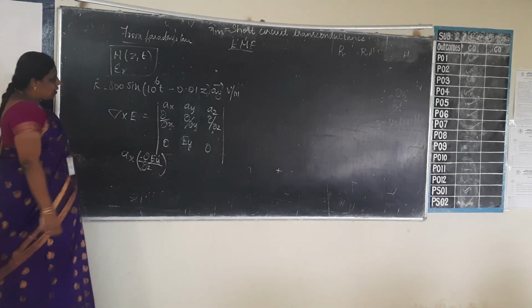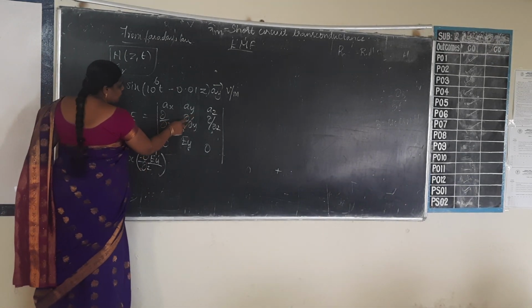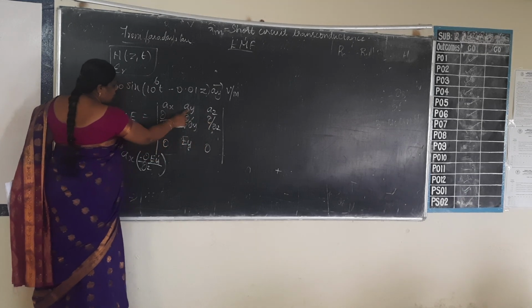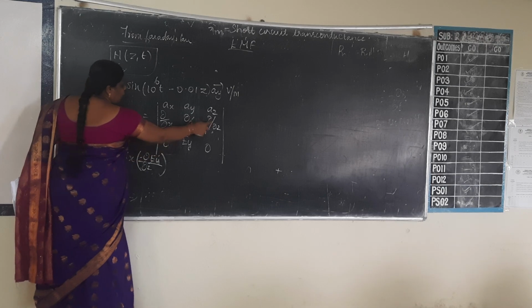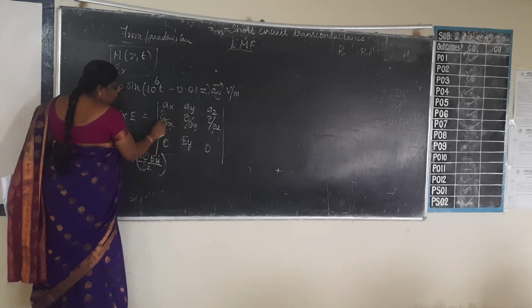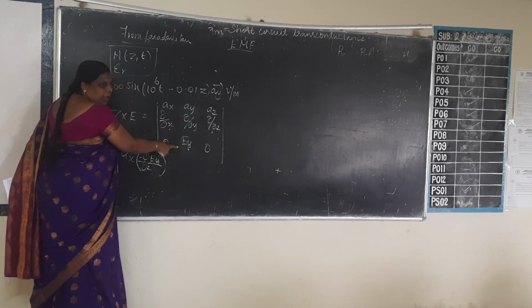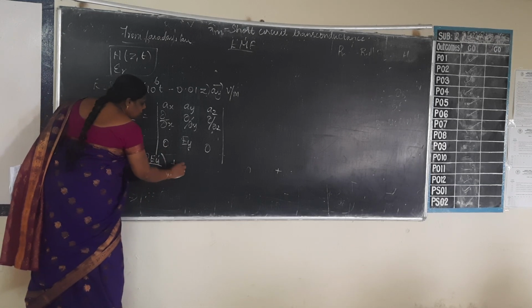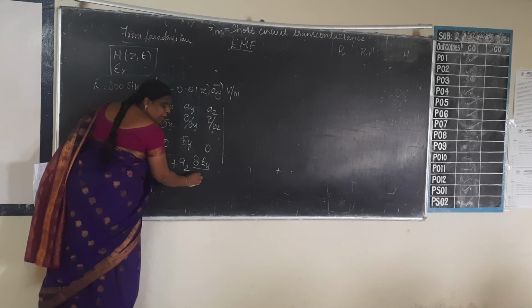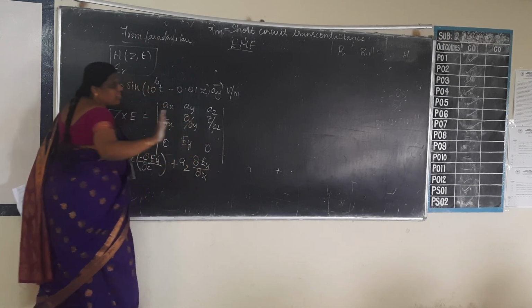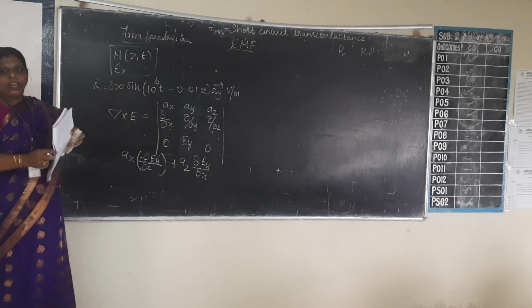Next, what other terms will be coming? 0. This will be 0. Here, this term will be coming, so we have plus Az into dou Ey by dou x. We have to differentiate and simplify.